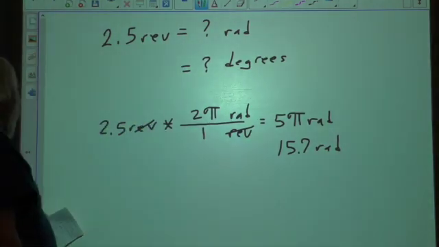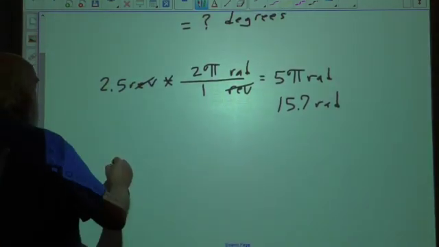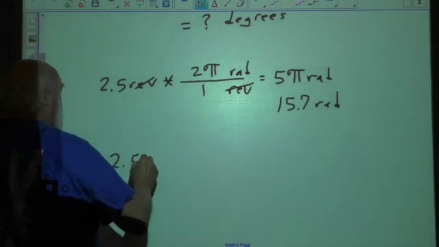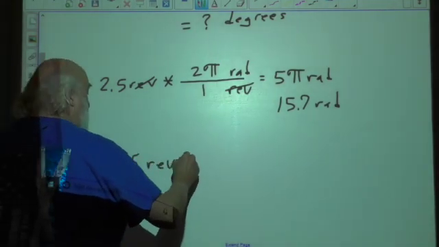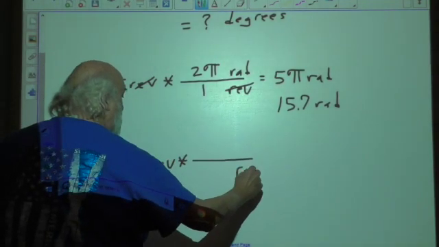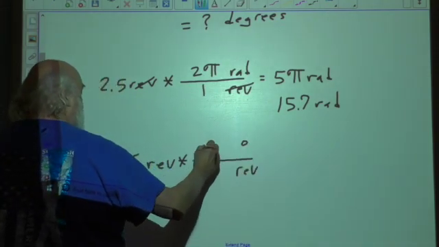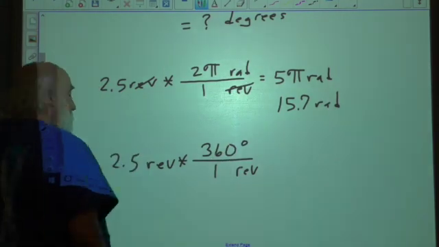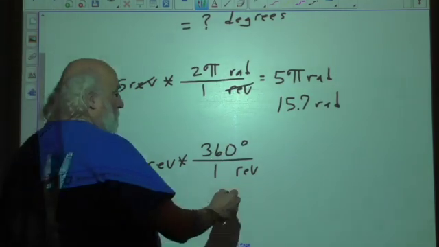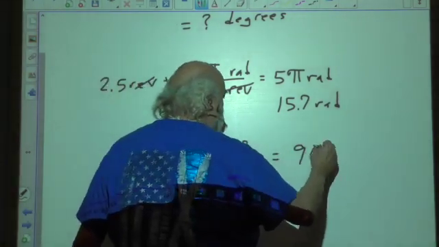Do the same thing with the degrees: 2.5 revolutions times revolutions on the bottom, we'll put degrees on top, and one revolution represents 360 degrees. We multiply this out, and your answer is 900 degrees.